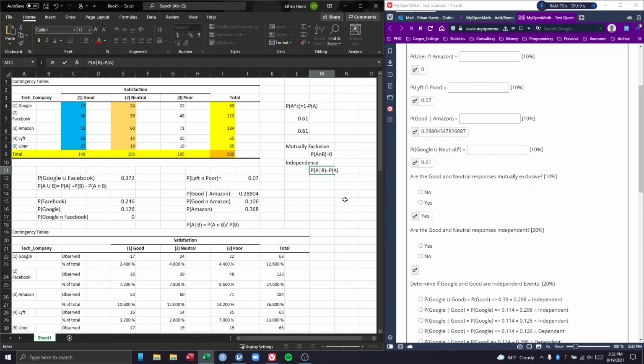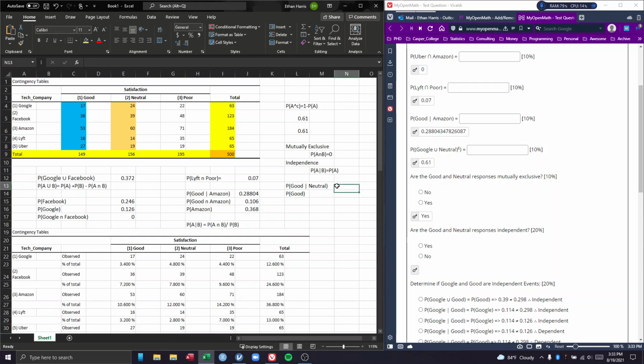So let's see if this holds up. We've got our good and neutral responses independent. So let's look at the probability of good given neutral, and we need the probability of good.